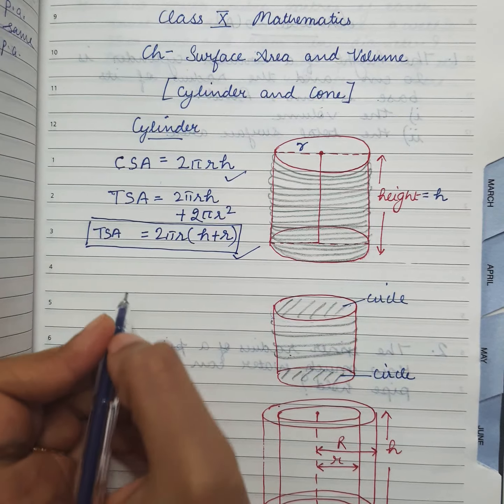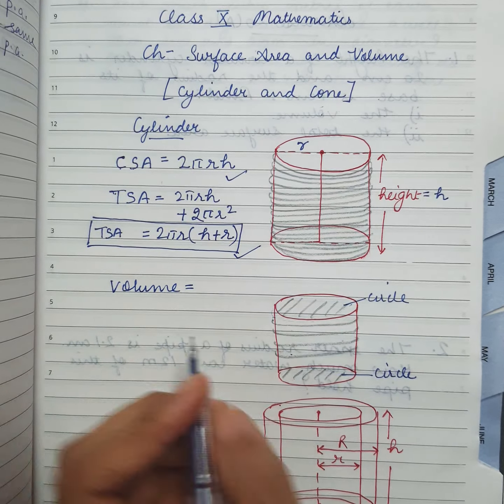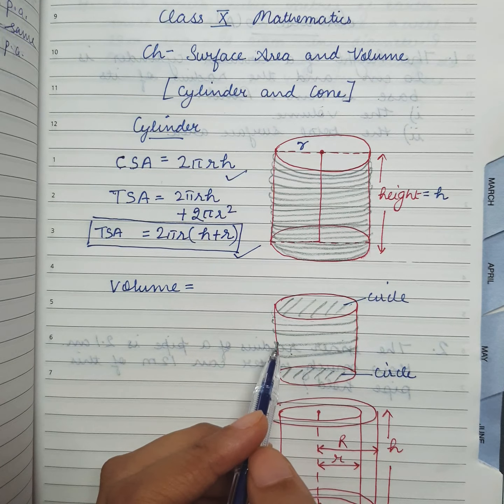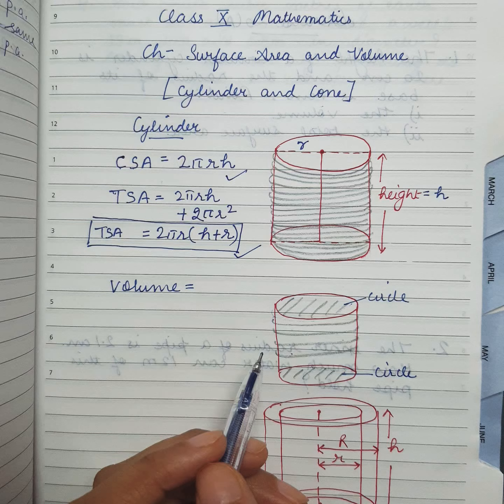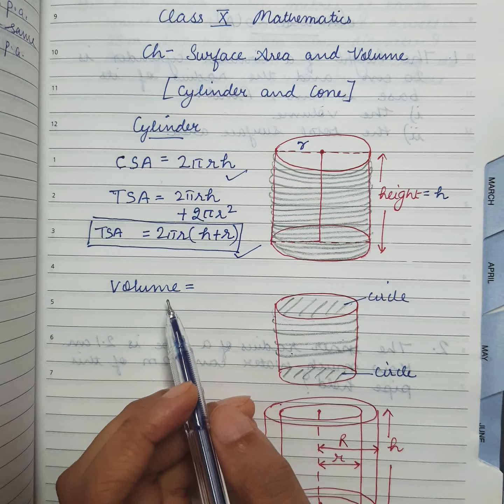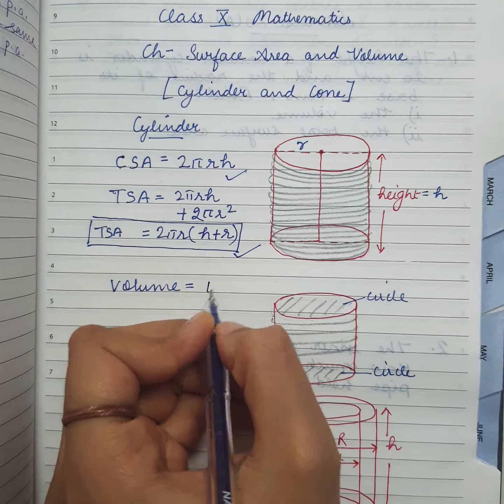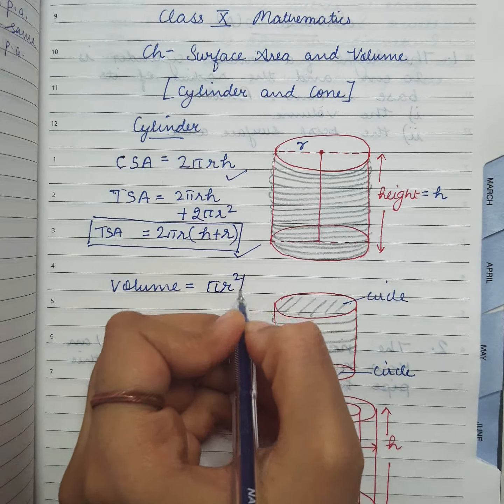Next is volume. Volume means how much liquid a cylinder can hold, or in other words the capacity of a container is the volume of that container. Now volume is pi r square h.